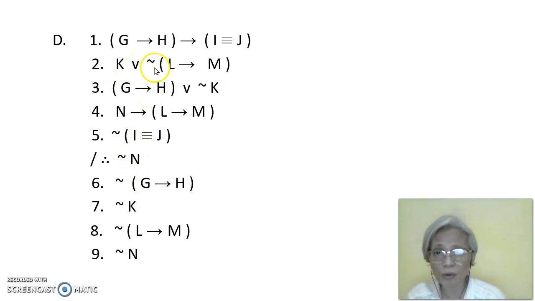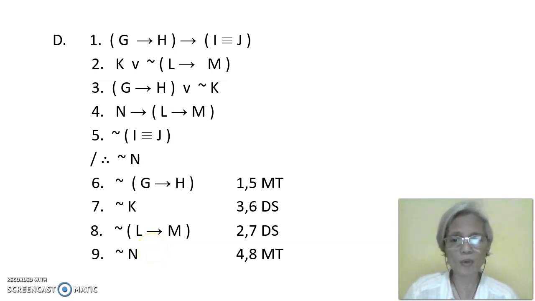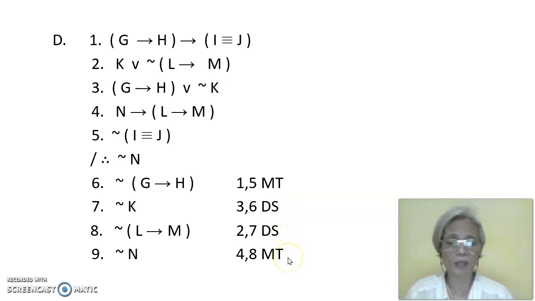So K or not L implies M, you have not K, therefore you will have not L implies M. And finally, for number 9, we apply modus tollens to number 4 and 8. So we have not N. So you have 1, 5 modus tollens, 3, 6 disjunctive syllogism, 2, 7 disjunctive syllogism, and 4, 8 modus tollens.